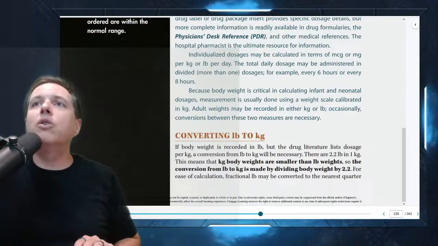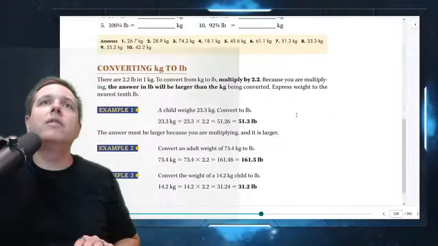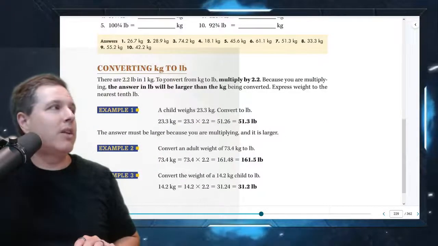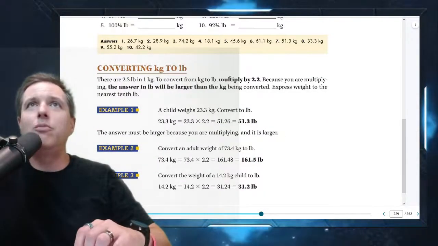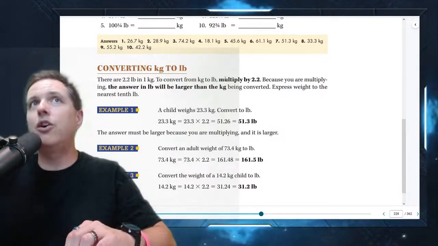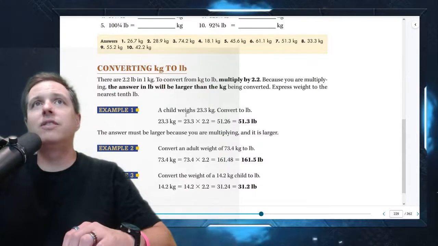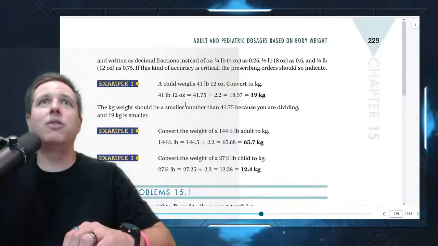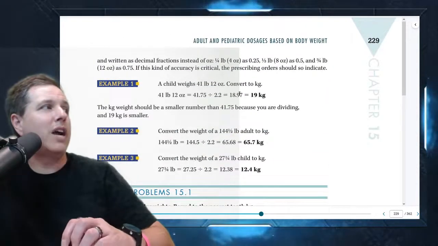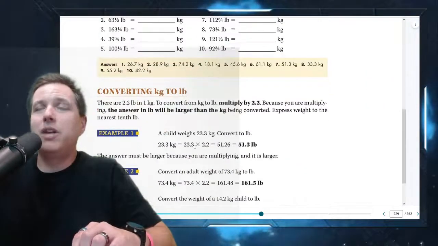And then, of course, it works the other way around. So if we're converting from kilograms to pounds, then they tell you multiply by 2.2 because the answer in pounds will be larger than the answer in kilograms, right? So you can see literally this is what they're doing for these problems. Up here, they're dividing by 2.2, and down here, they're multiplying by 2.2.